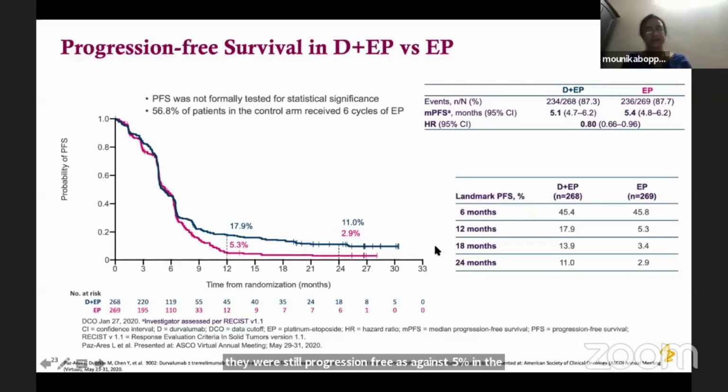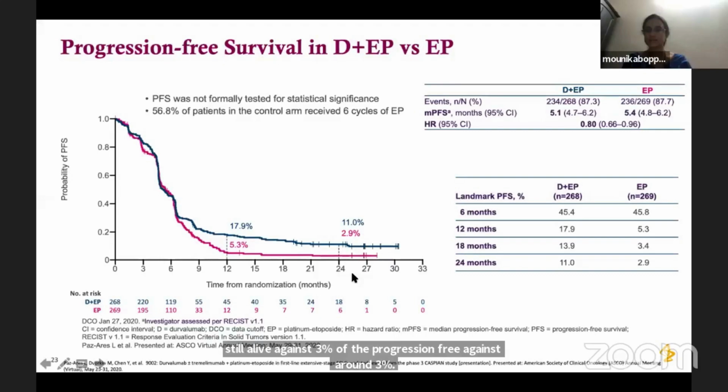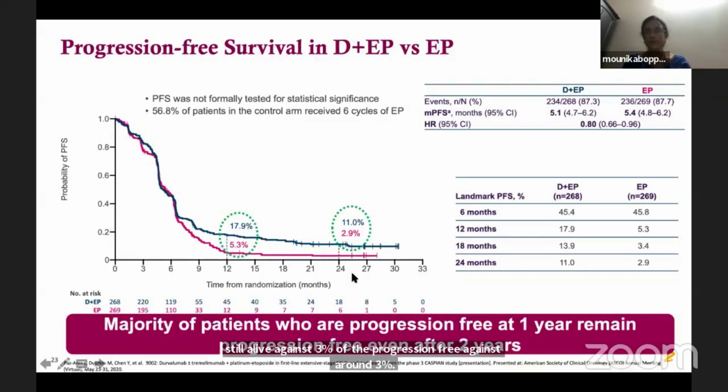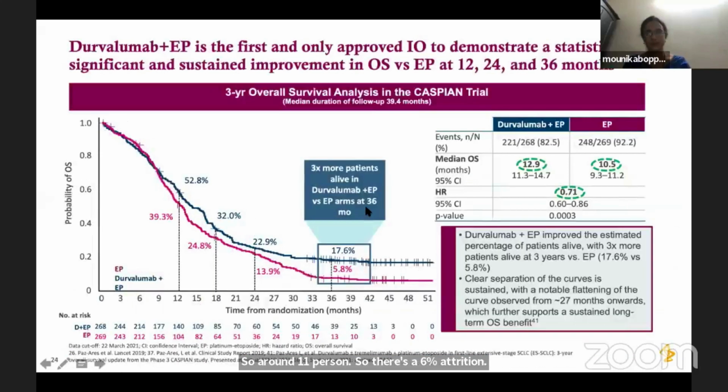If you look, there is a tailing off of the graph here, where at the 24-month time point, 11% of the patients were still progression-free, against around 3% in the control arm. So the majority of patients who are progression-free at 1 year, that's about 18%, remain progression-free even after 2 years. So around 11%. So there's a 6% attrition, but still the majority of the patients were still progression-free.